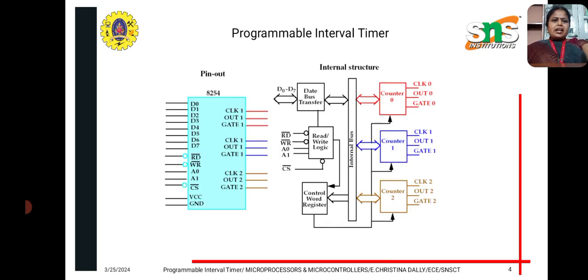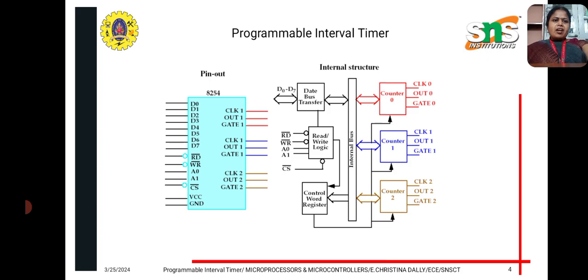So this is the pin diagram. It consists of the data bus buffer D0 to D7. Apart from that, we have the read-write logic. In the read-write control logic we have read, write, A0, A1, and another one, chip select. We have VCC and ground.